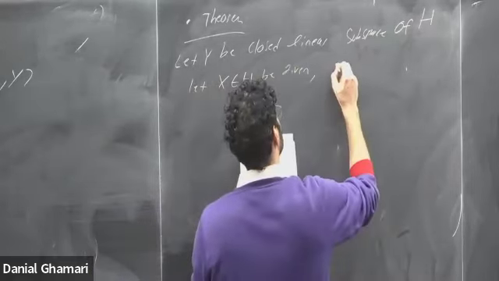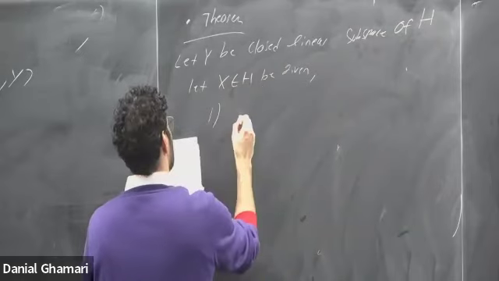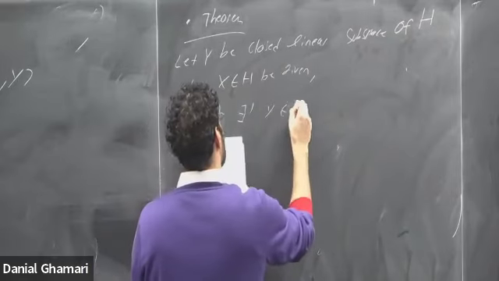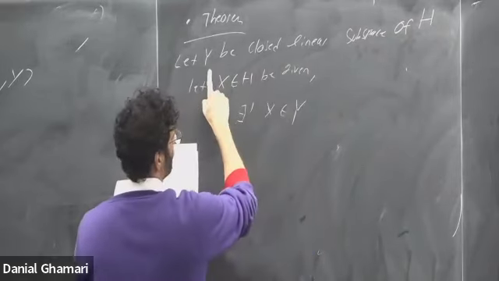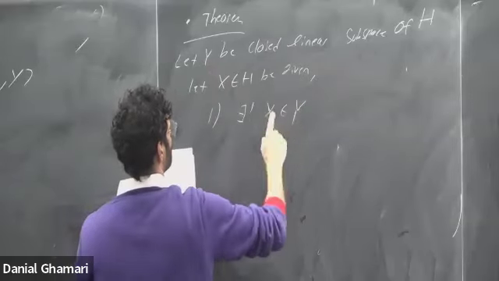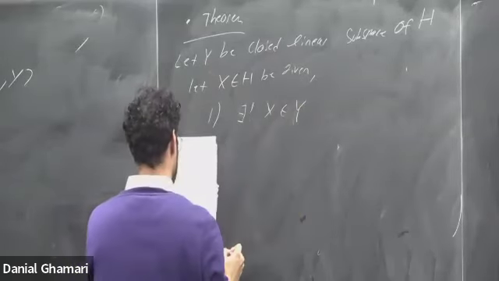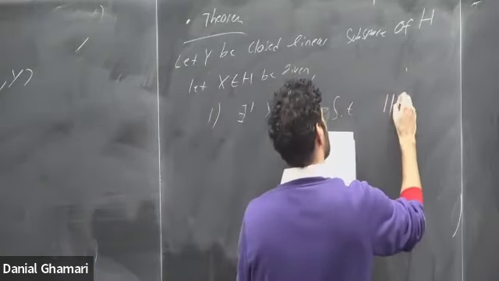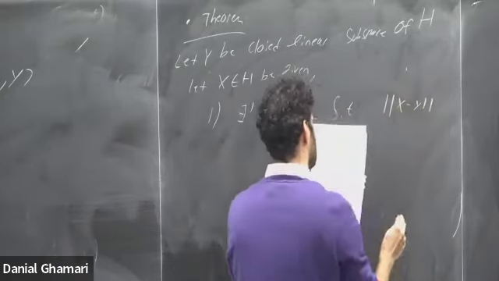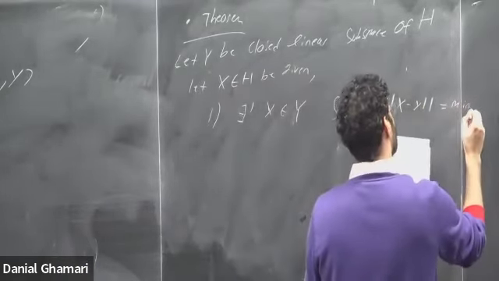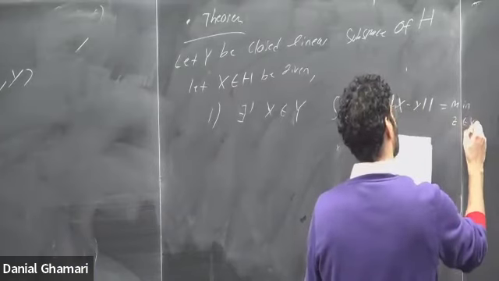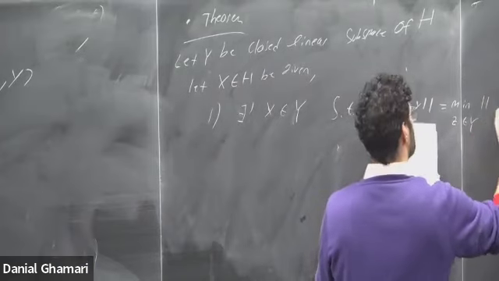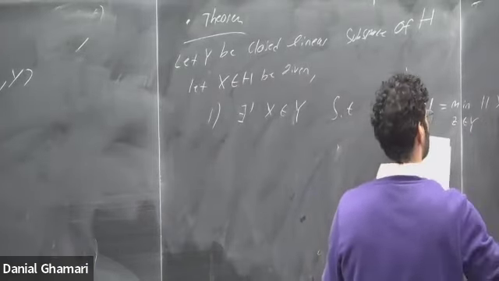Then the following hold. One, there exists a unique element y in our closed subspace of H such that the distance between x and y, the norm of x minus y, is equal to the minimum over all elements z of Y of the norm of x minus z.